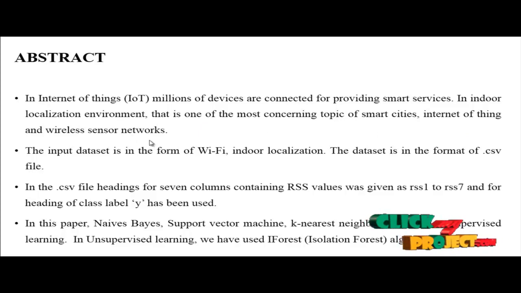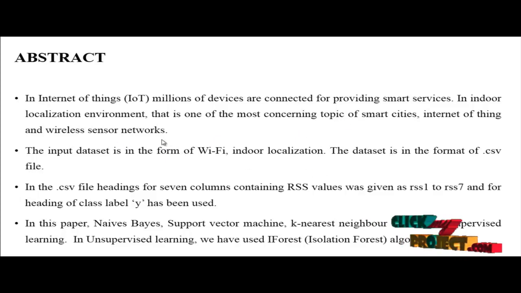sensor networks. Here we take the dataset. The dataset was collected by observing signal strengths of 7 Wi-Fi routers using a smartphone and saved in a text file to perform experimentation of indoor localization.